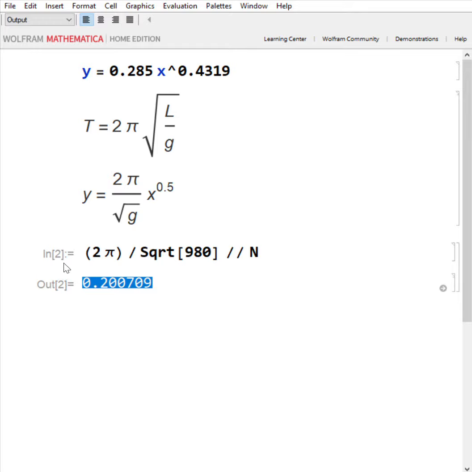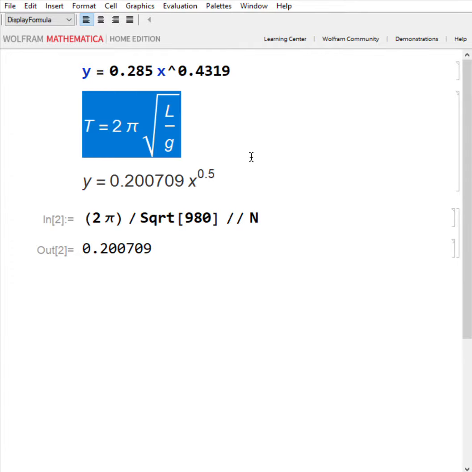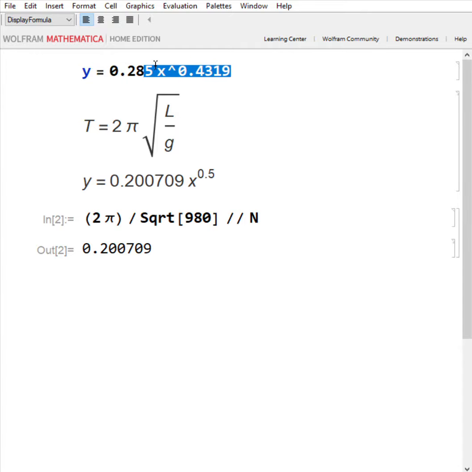And we're going to take this number, put it into here. Aha! So we took this equation for the period of a pendulum, which you can look up in your textbook, and we rewrote it into a form that looks suspiciously familiar to our Excel equation up here.